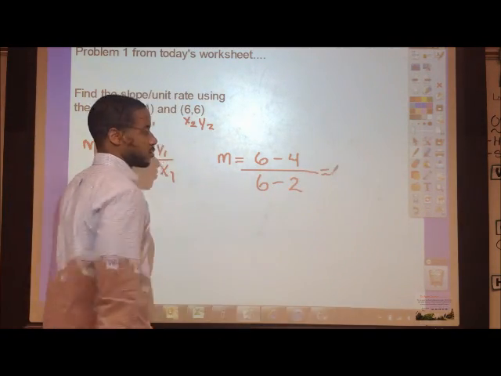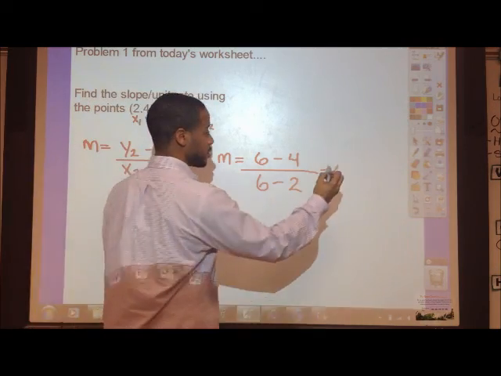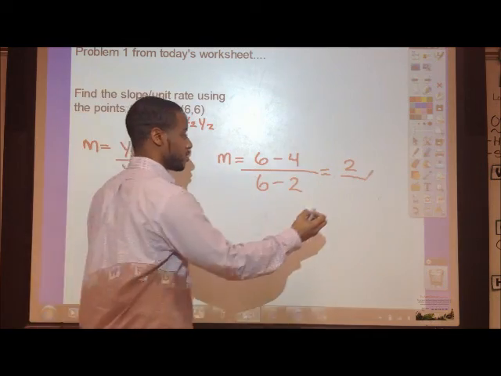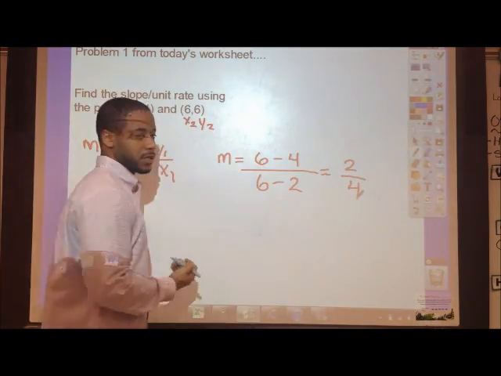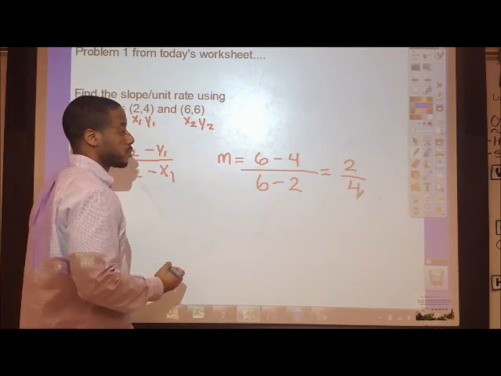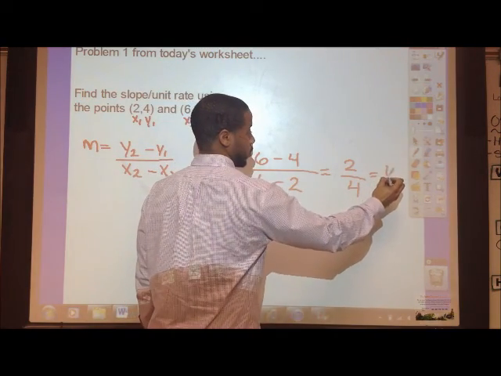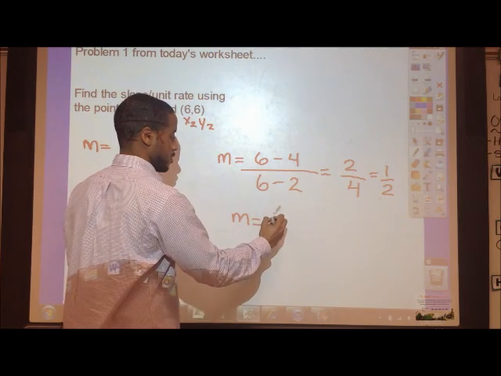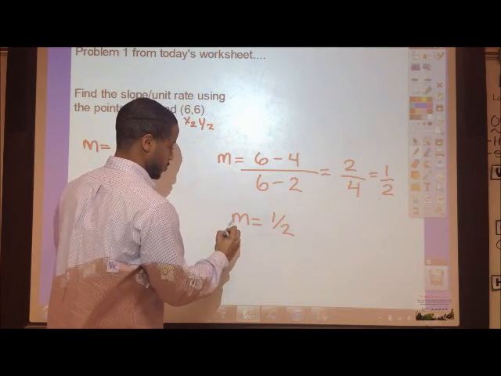So 6 minus 4 is 2, and 6 minus 2 is 4. Can we reduce that? Yes, 2 over 4 becomes 1/2. So our slope is 1/2.